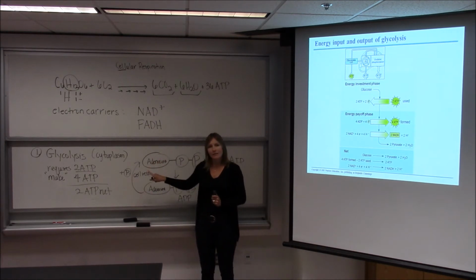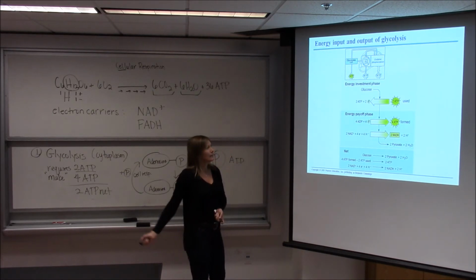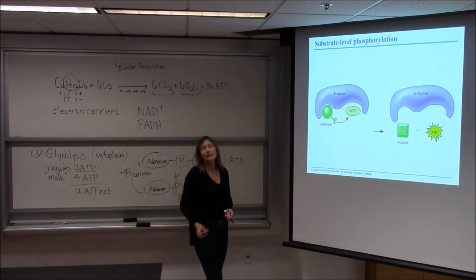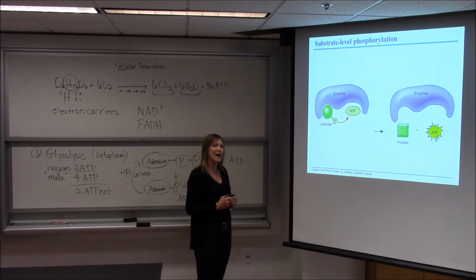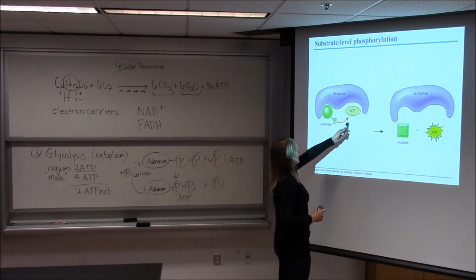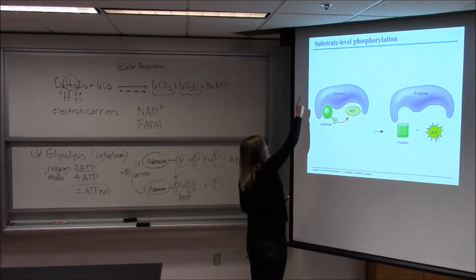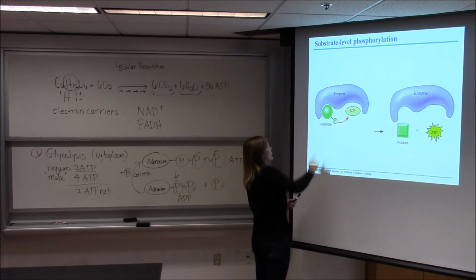In glycolysis, the way we rephosphorylate ADP is using an enzyme. And because we're using an enzyme to transfer that phosphate group to ADP to form ATP again, it's called substrate level phosphorylation.